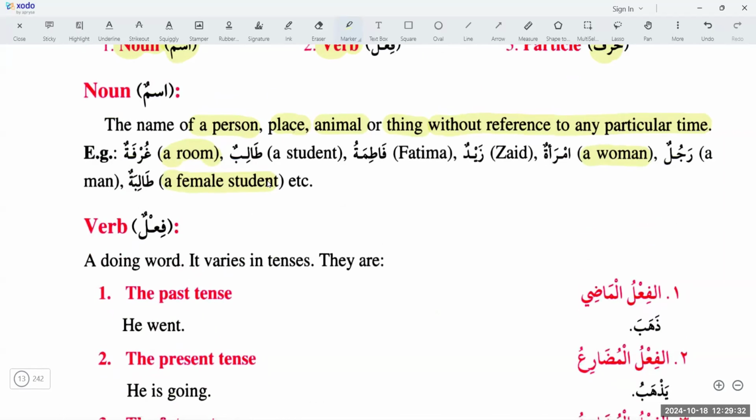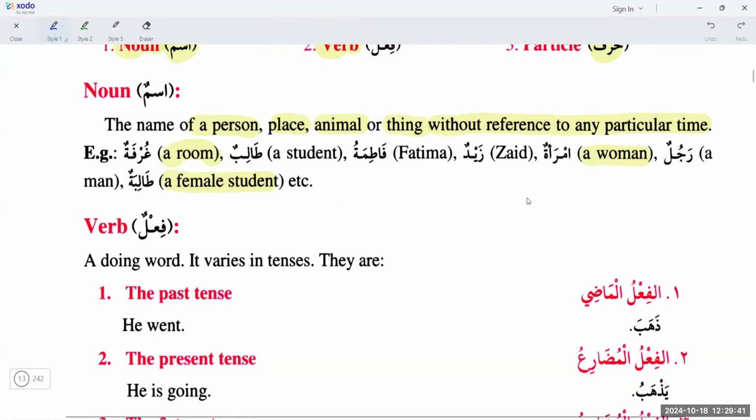Then the name of a place also falls in the category of the ism, like Pakistanu. This is also ism.